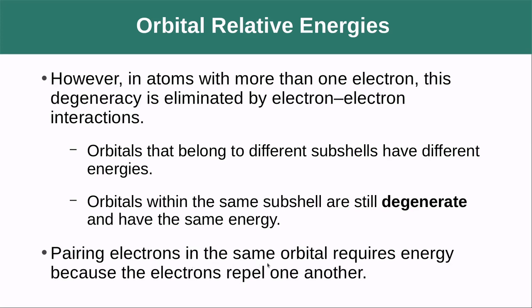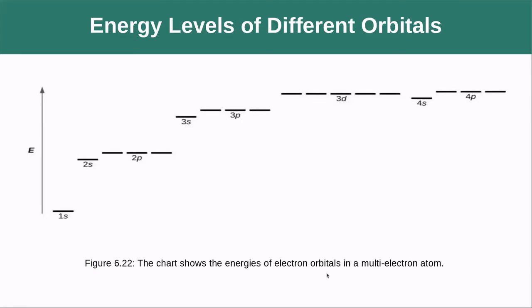Pairing electrons in the same orbital requires energy because the electrons repel one another. So here we can see that as energy goes up and we start to add electrons, we get different energy levels. First we fill the 1s shell, then the 2s shell, then the 2p shell.